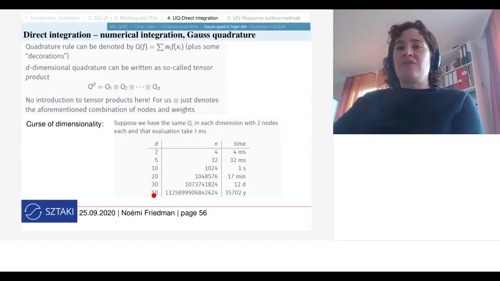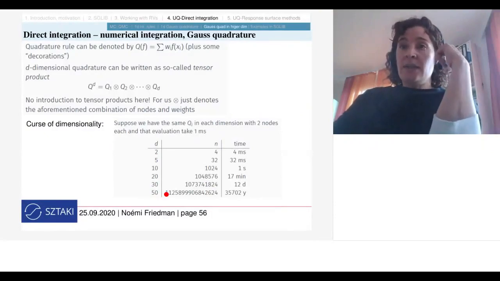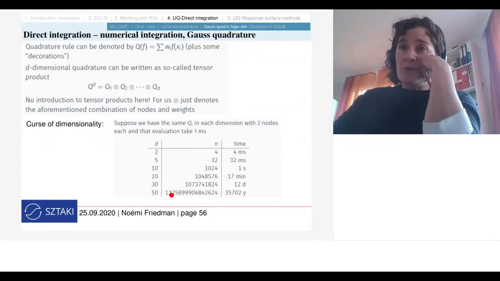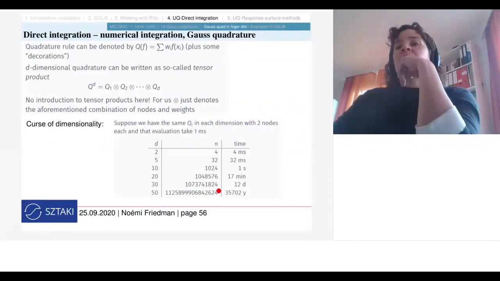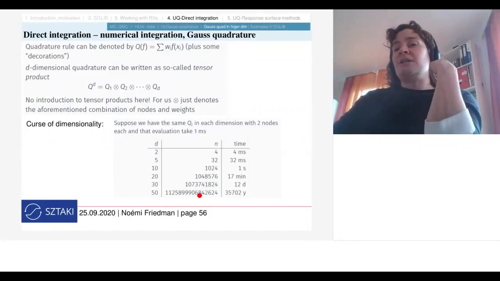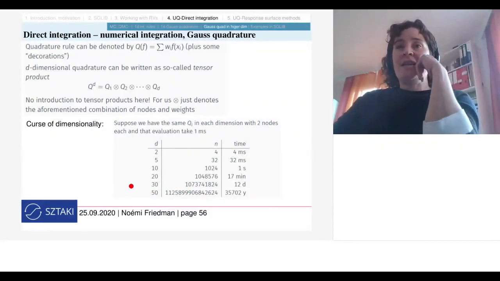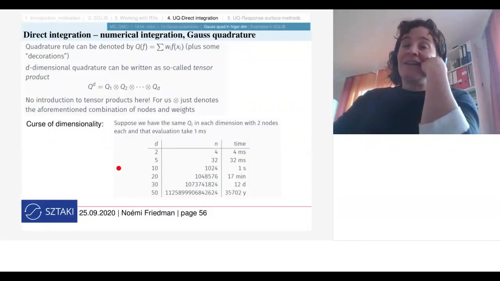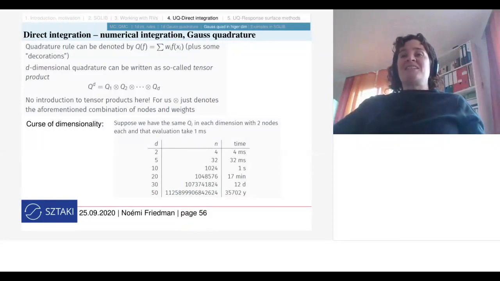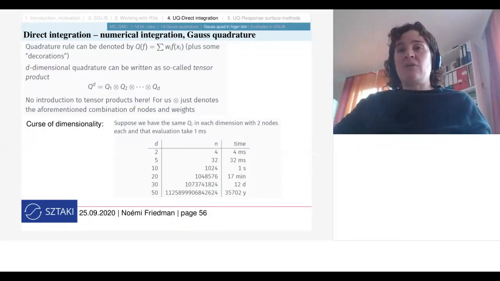Now, if you have 50 random variables as inputs, and you want to evaluate the mean of the solution, then this is the number of the points you need only with the 2-point rule. This is how many times you will have to solve the deterministic problem. So you need to evaluate the solution at that many number of points. Now you can see that this can take quite some time, and this is something that we probably cannot afford.